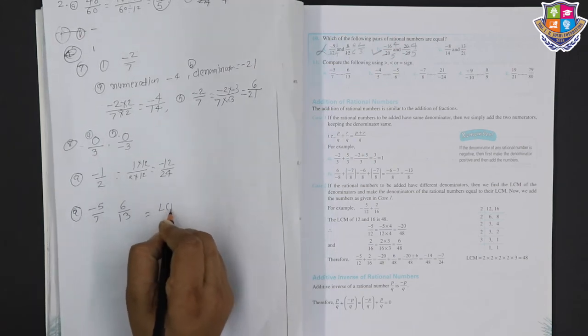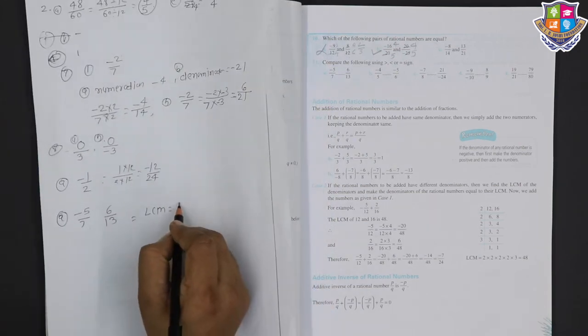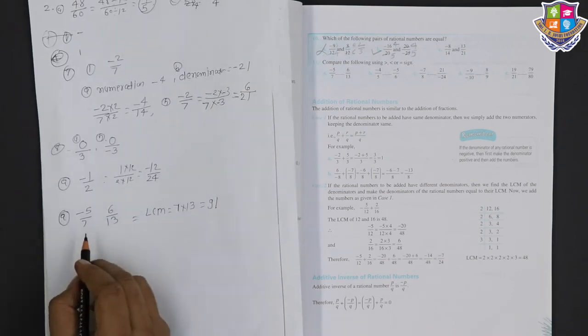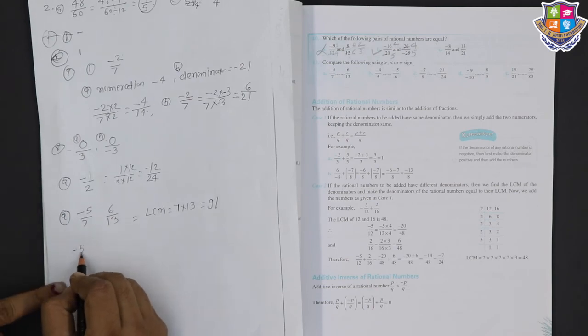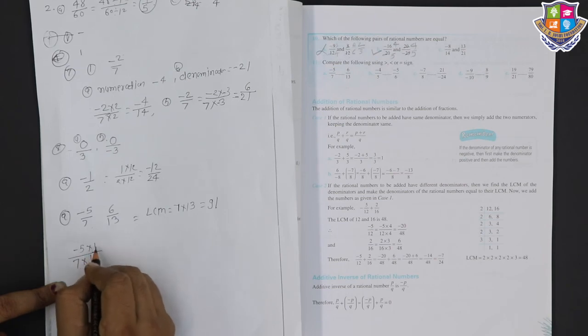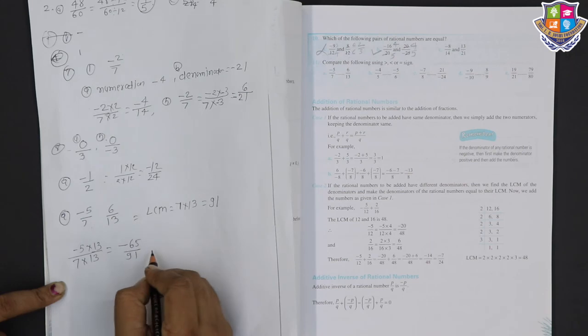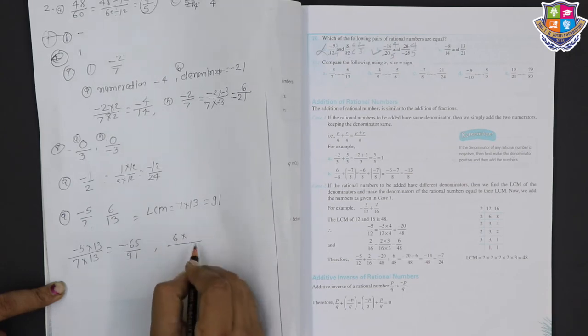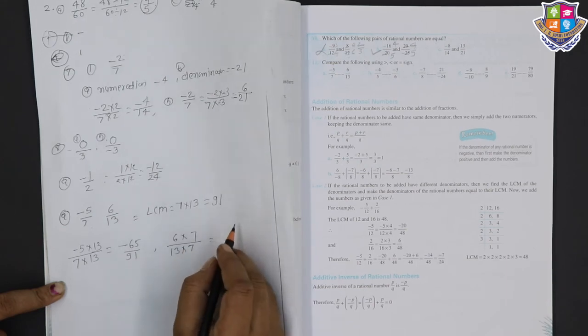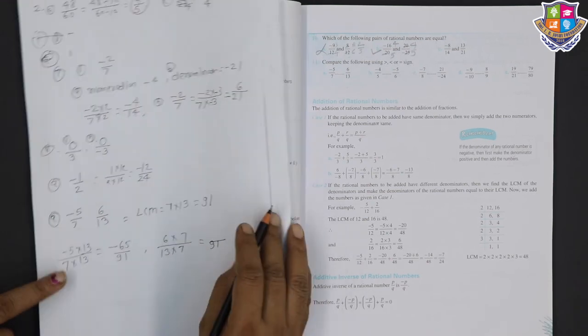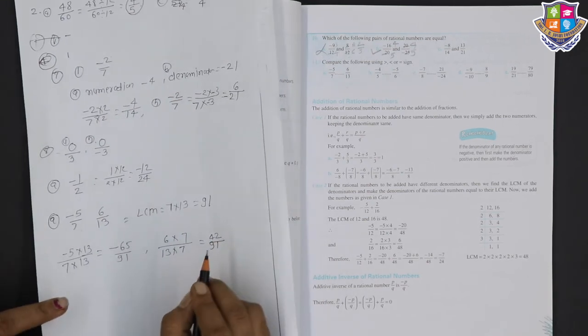LCM of 13 and 7 means 7 multiplied by 13 is 91. Okay. So make it as minus 5 multiplied by 13, which is equal to minus 65 upon 91, and then 6 multiplied by 7. So 13 7s are 91 and 6 7s are 42.